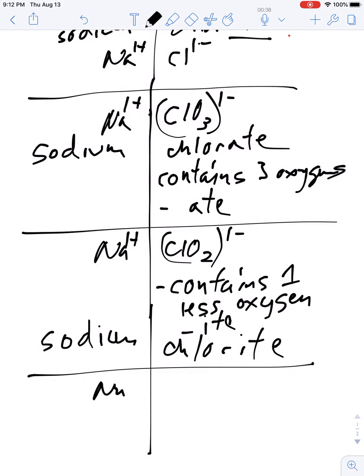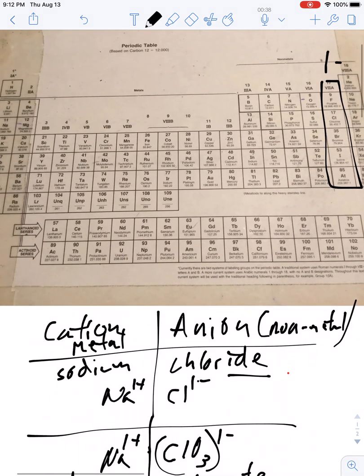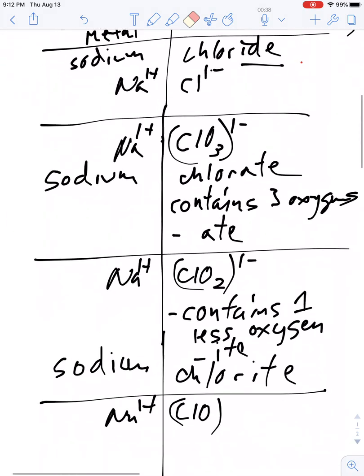How about this one? Sodium's got a 1+ charge. Why does sodium have a 1+ charge? Because it's in the +1 column. And the ClO has the same charge as chlorine because it's in the -1 column.